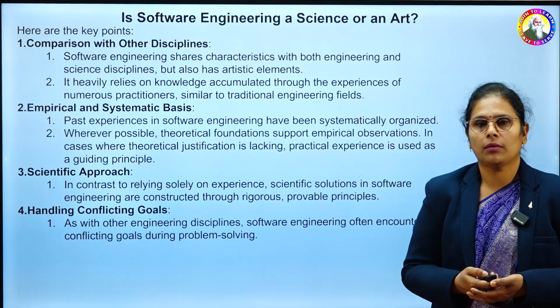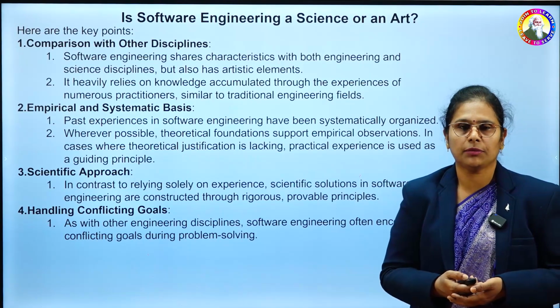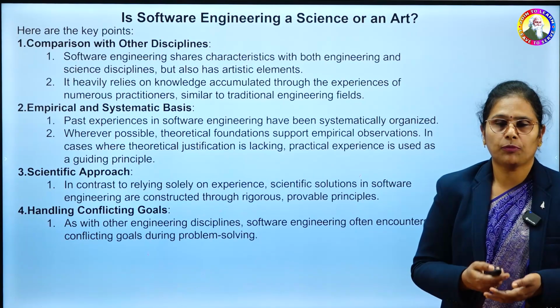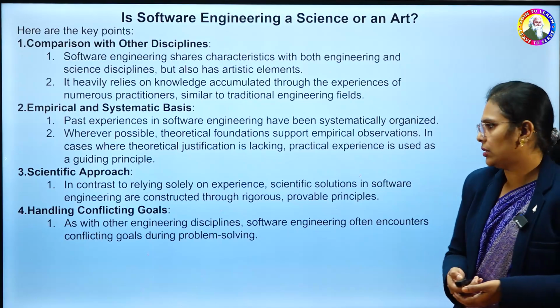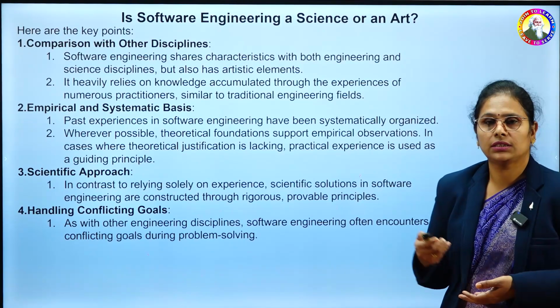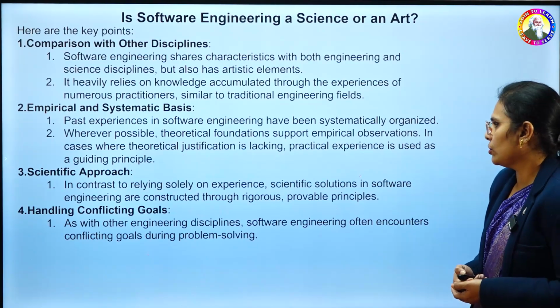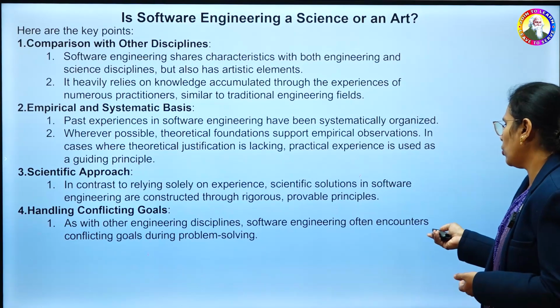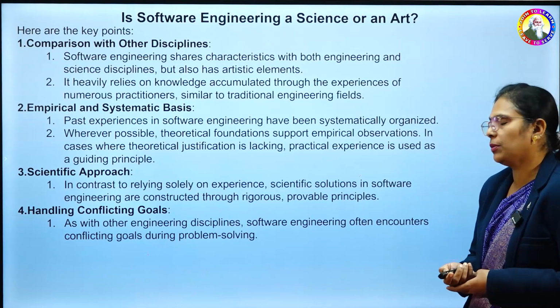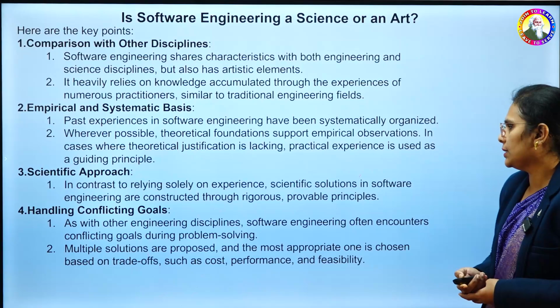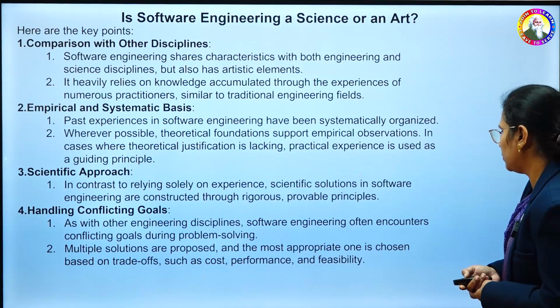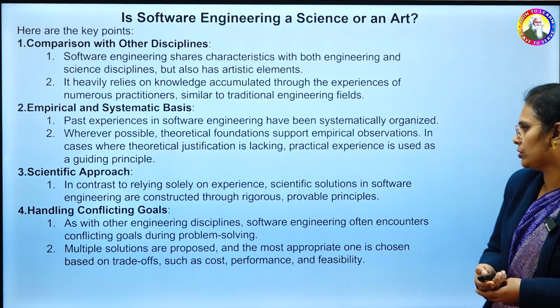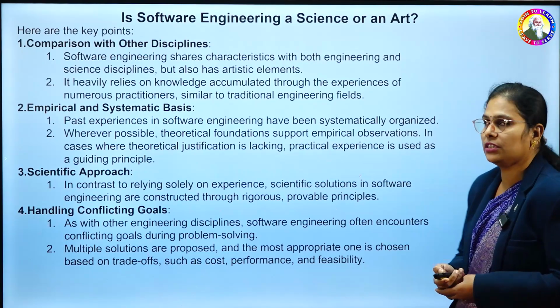This banking application may have a problem, and that problem can be rectified by following this systematic approach. Next, multiple solutions are proposed and the most appropriate one is chosen based on trade-offs such as cost, performance and feasibility.